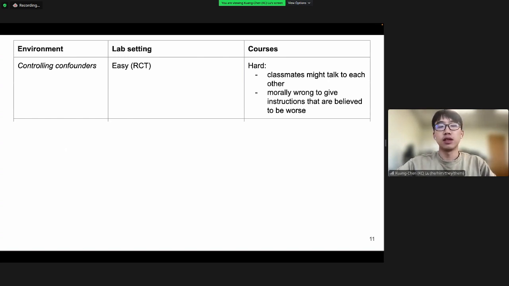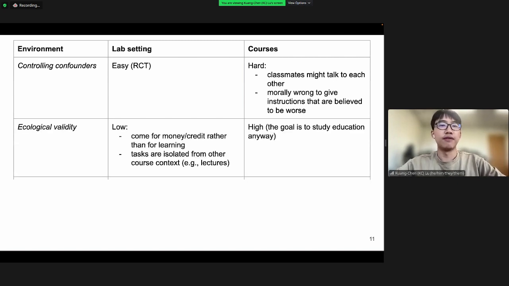In a lab setting, we are free to do things like randomized controlled trials, which control all confounders with randomness. It is hard or even impractical to do so in courses because students might talk to each other, which breaks the independence of two groups. Also, if we believe one condition is inferior, imposing that on students would be morally wrong.